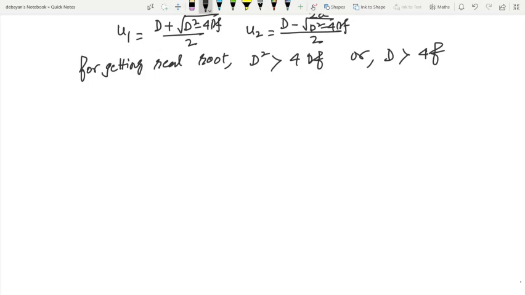That means the object size is written as root of I1 I2, where I1 and I2 are the images produced by the convex lens at two different positions.